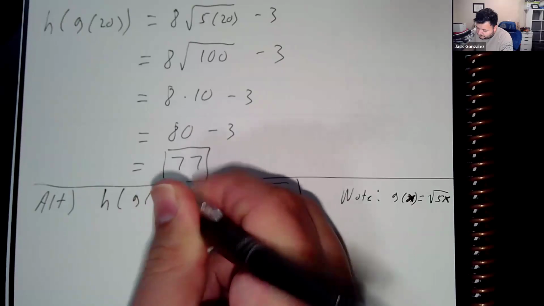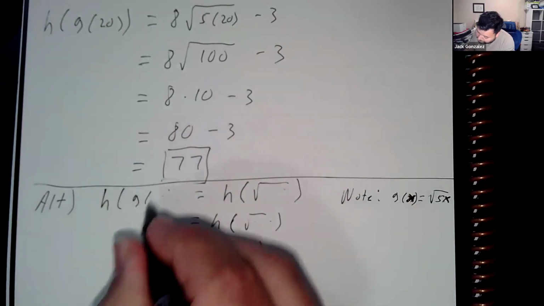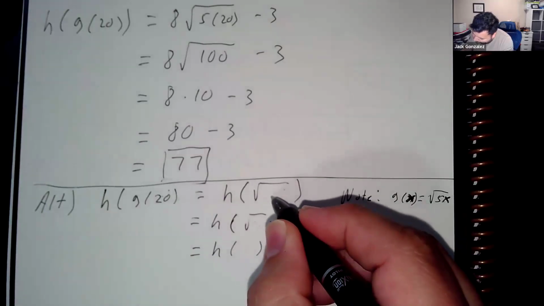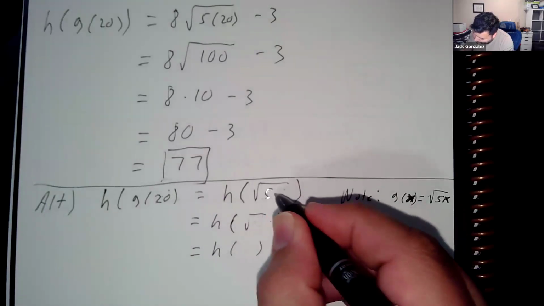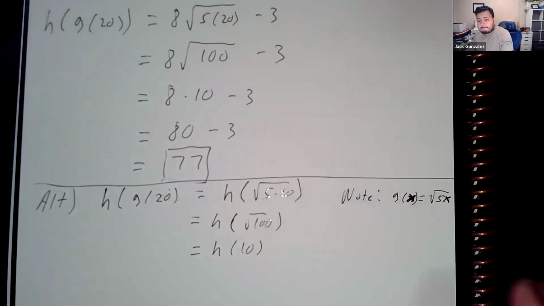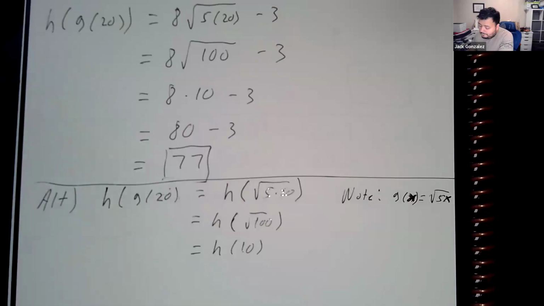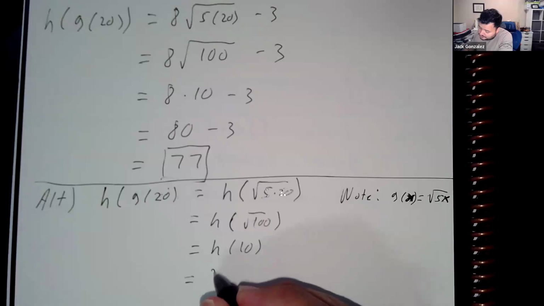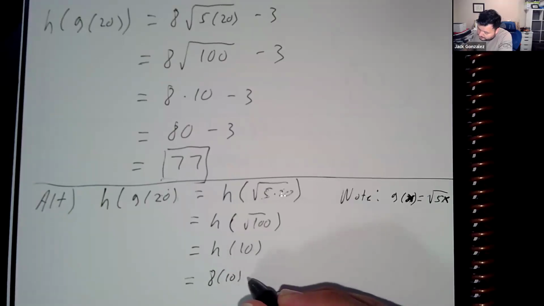I don't know where that 5 came from. It should be 5 times 20 here. There we go. So now plug in 10 and you get 8 times 10 minus 3, which is 77.